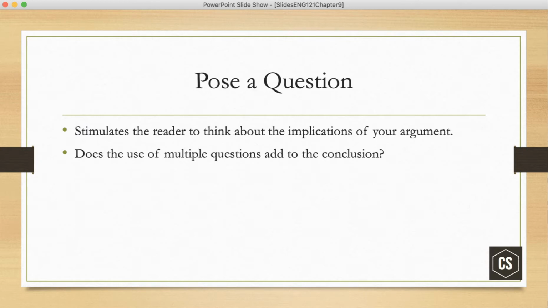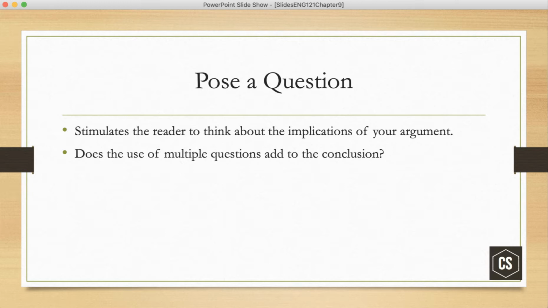Posing a question is a great way to end, and some of you are naturally doing this. It's what we call a rhetorical question. It just means you're not expecting an answer, you're not answering it. Instead, you're asking it to provoke them to think about something. You stimulate the reader to think about the implications of your argument. Think about, does the use of multiple questions add to the conclusion?